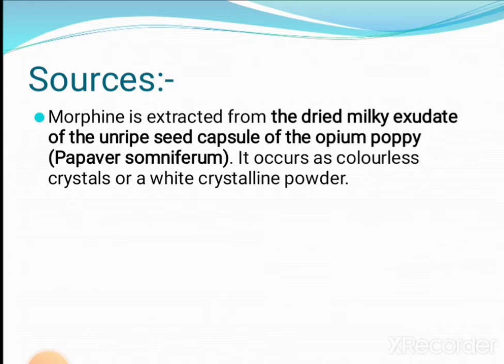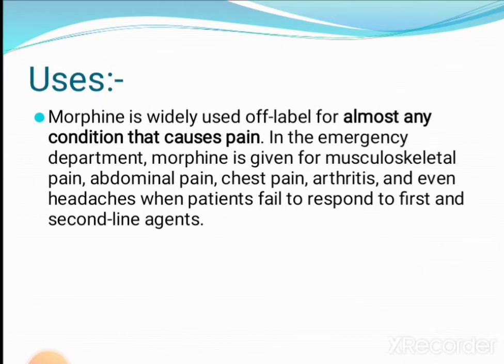And then after the sources, I can describe its uses. Morphine is widely used for almost any condition that causes pain. Means it reduces the pain, so it is used to relieve pain.